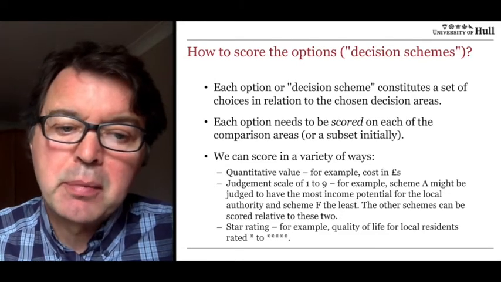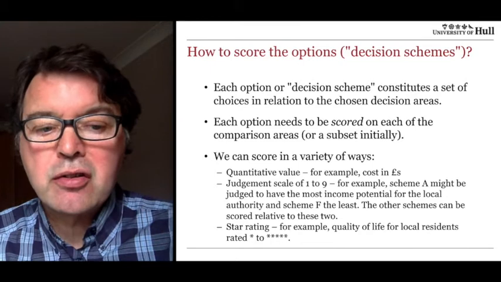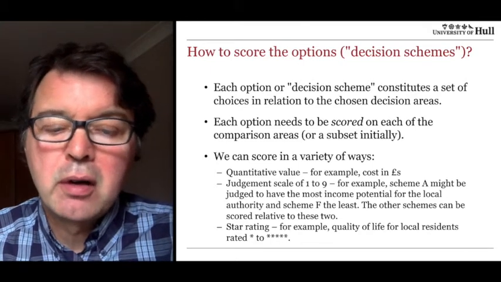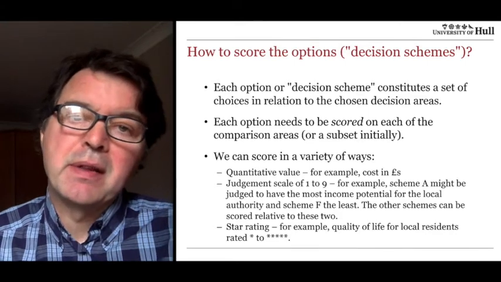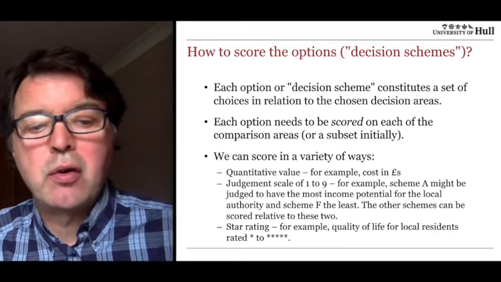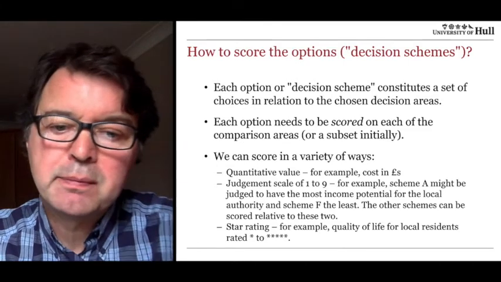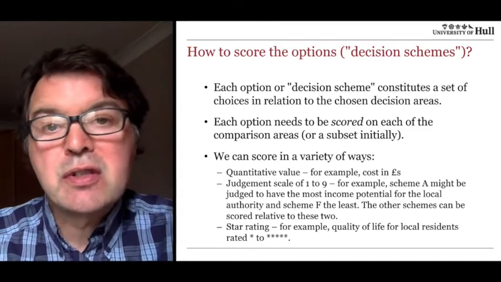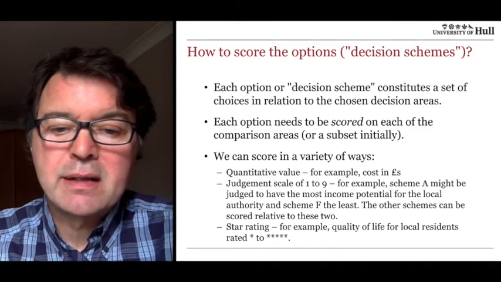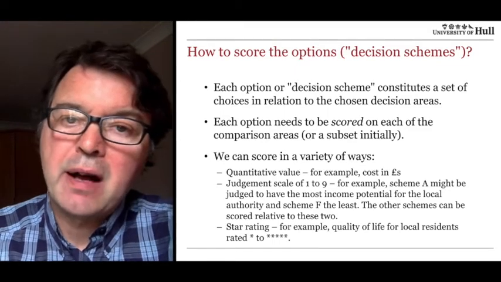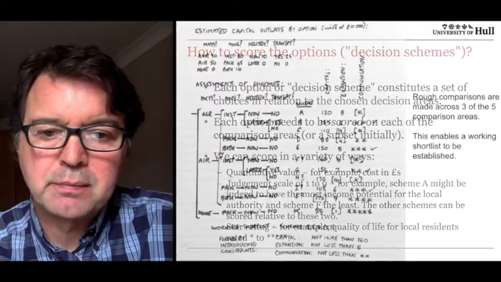For example, scheme A might be judged to have the most income potential for a particular local authority, and scheme F might be the least, and then we could score all the other schemes between those top and bottom. We could also use a star rating, so for example, quality of life for local residents rated 1 to 5 star. Okay, so there's lots of different ways of scoring.